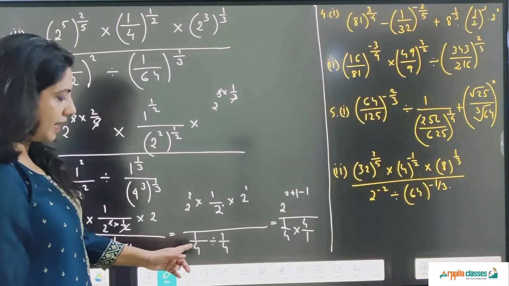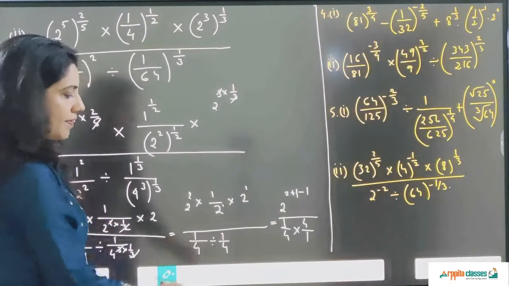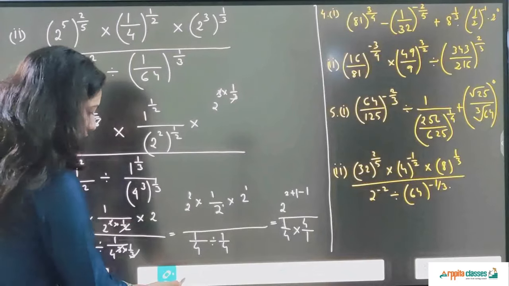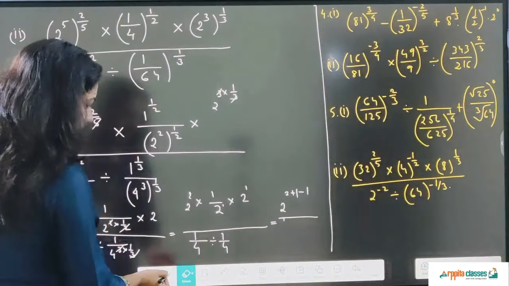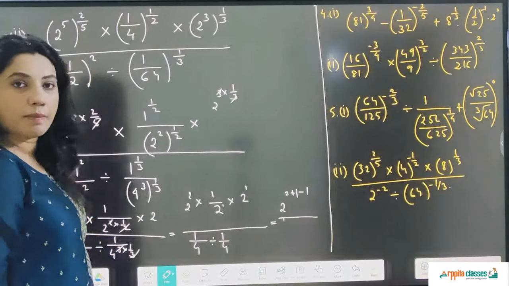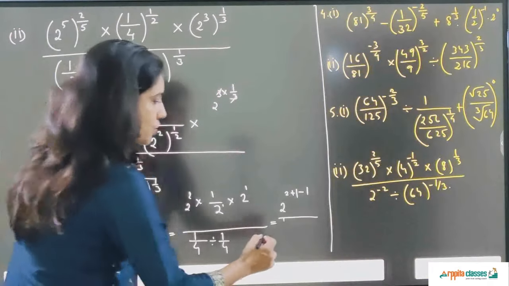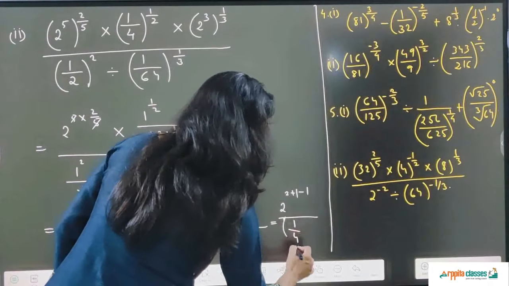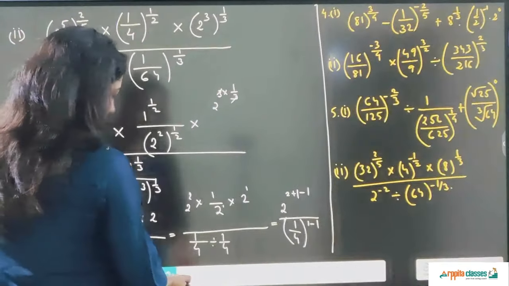Or you can directly take 1 by 4 divided by 1 by 4. Both of them are having power 1 and they are in division form. Okay, let me take the property of indices here also. So basically the base is 1 by 4 and the power is 1. Nothing is written, means 1, and there is division. So I can write 1 by 4. The power has to be subtracted, 1 minus 1. Okay, let me rub this part.